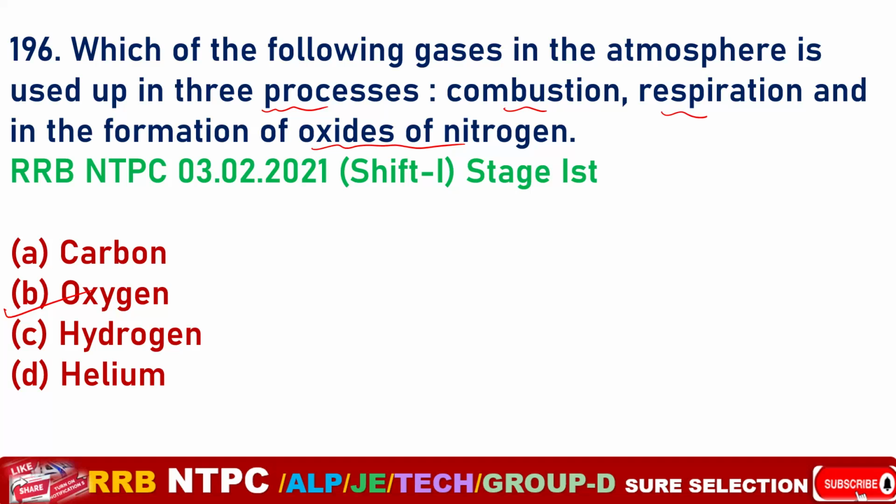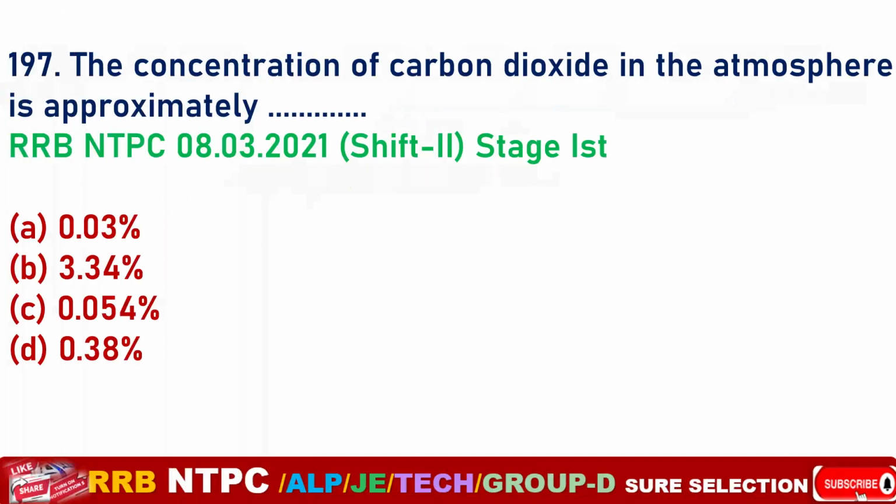Oxygen is used in all the 3 processes: combustion, respiration and nitrogen oxide formation. The concentration of carbon dioxide in the atmosphere is approximately how much percent? That is 0.03%.